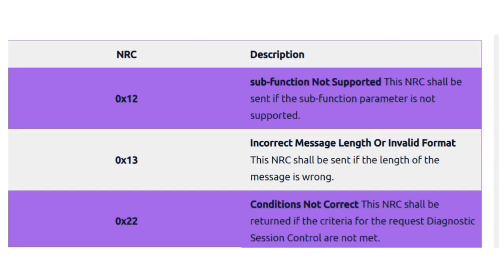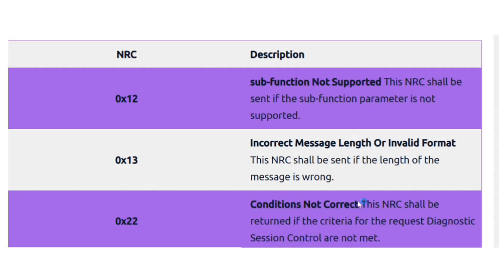That is why our request has been rejected. Next, 13. The message length or the format we have sent to the ECU is incorrect or invalid. So that is why our request has been rejected by the ECU.